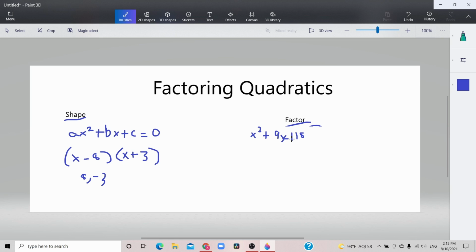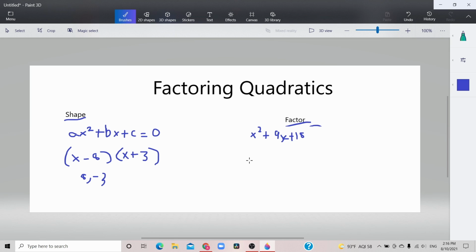I encourage you to pause the video here and try solving this yourself. Okay, so assuming that you paused it, keep your paper beside you and we'll work through this together.